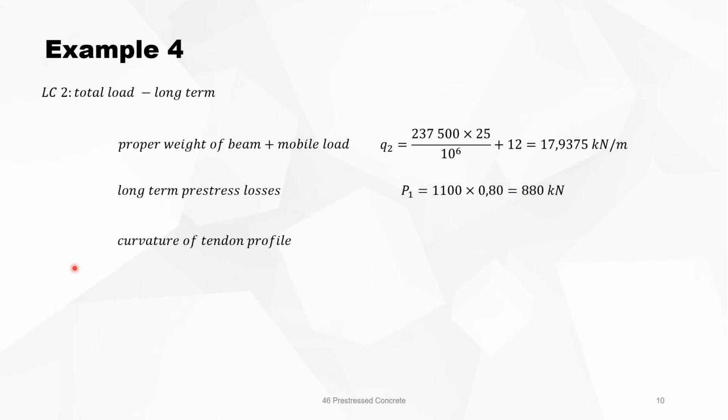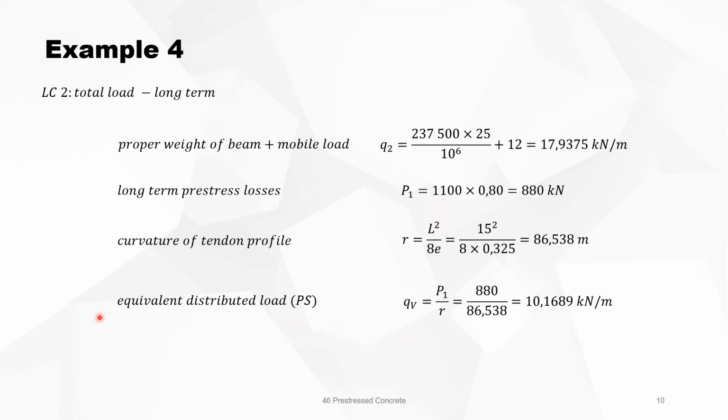The curvature of the tendon profile R is then L squared over 8E, was 86.5 meter, and the equivalent distributed load due to the pretension is P over R, is 10.1 kilonewton per meter. And the resulting distributed load, again, we are going to take the pre-stressing force together with the mobile loads. Then 7.7 is the resulting distributed load.